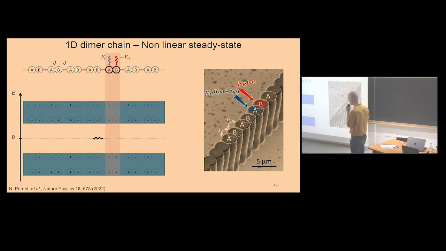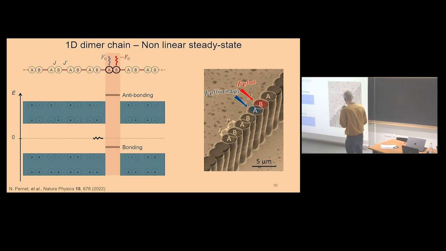They are focused on two sides of a given dimer, and they are dephased here by pi. So as we crank up the power, locally, we are going to be able to shift the energies of these states. The bonding state of this dimer is going to come out of the bands, and the anti-bonding is going to come out of the anti-bonding band like this.